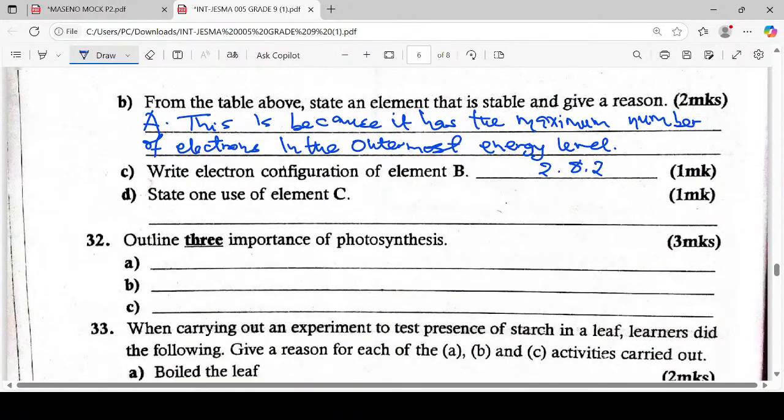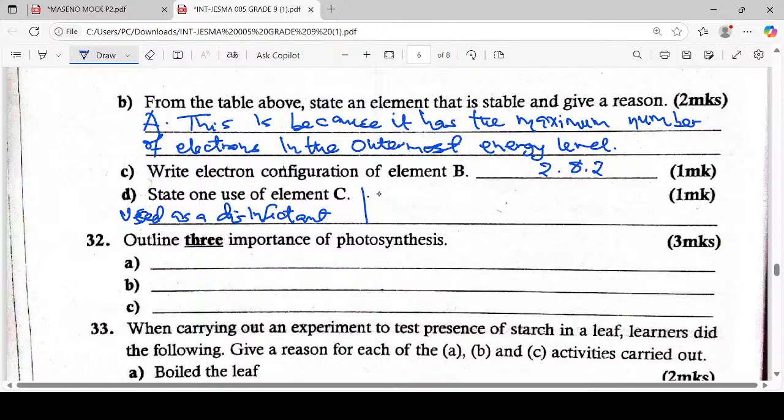Chlorine. We have several uses of chlorine. One, we can say used as a disinfectant. We can also say chlorine is also being used as a bleaching agent.